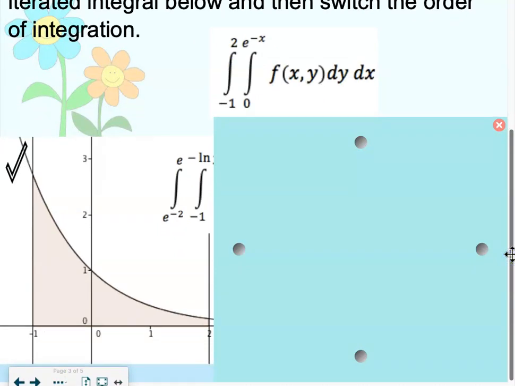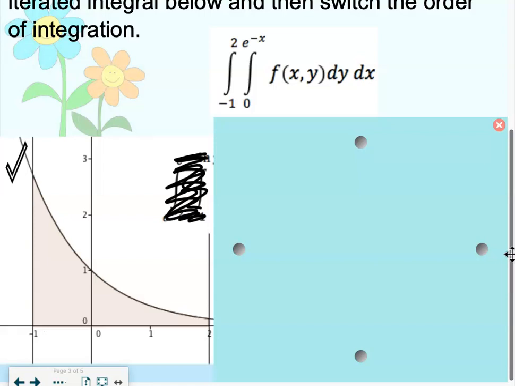So there's my graph. So I have e to the negative x. So y goes from 0, which is the x-axis, to e to the negative x, which is this swoop. And then your x's go from -1 to 2.